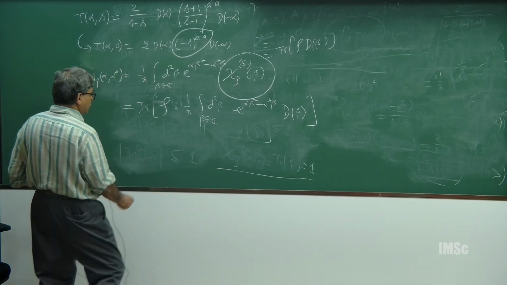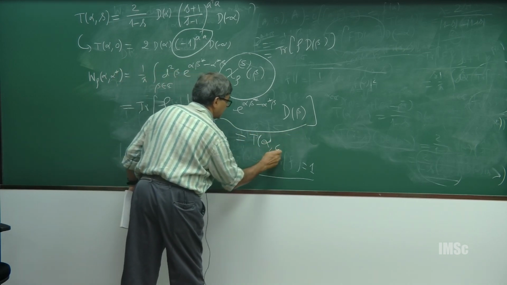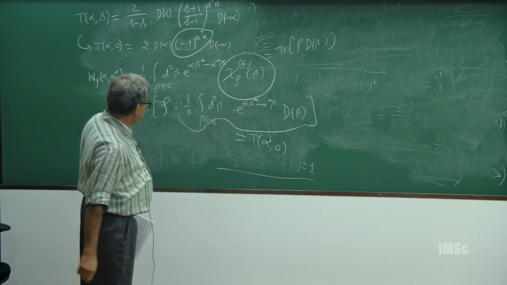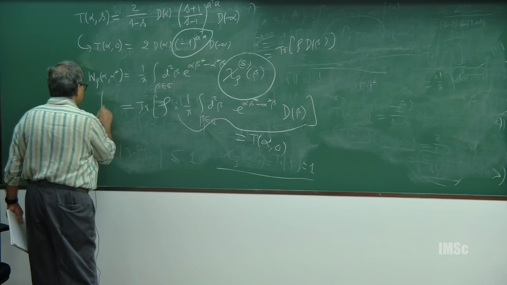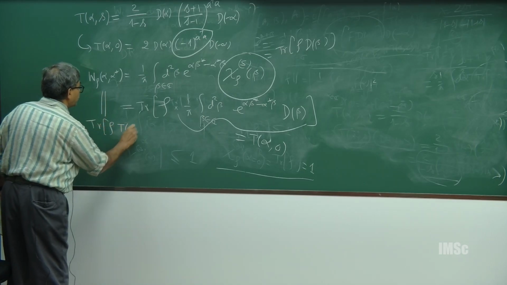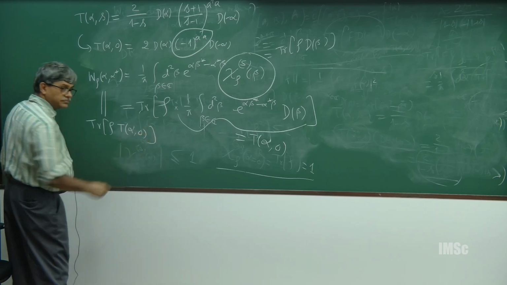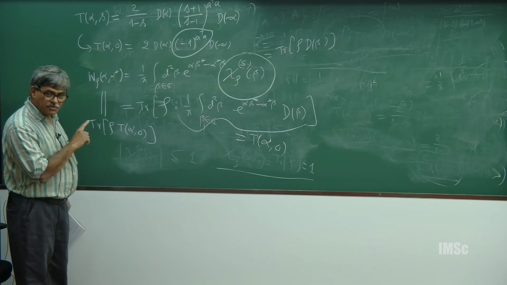So, now you can figure out that this is nothing but your T of alpha 0, and as we have already mentioned, your Wigner function is basically the trace of rho T of alpha 0. You remember we got a similar expression for the P distribution also.